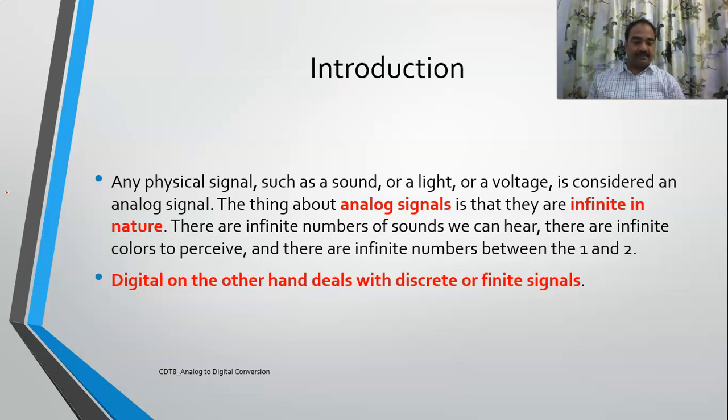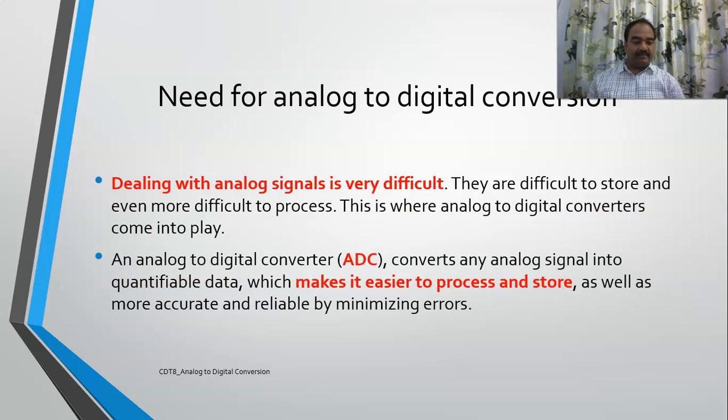If we see our ears, we hear infinite sounds, we can see infinite colors, we can have infinite smells, but there are infinite numbers between 1 and infinity. On the other hand, digital data deals with only discrete or finite signals. In particular, dealing with an infinite number of analog data is very difficult.